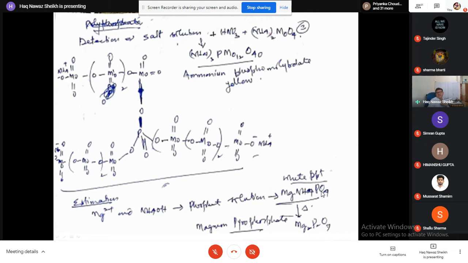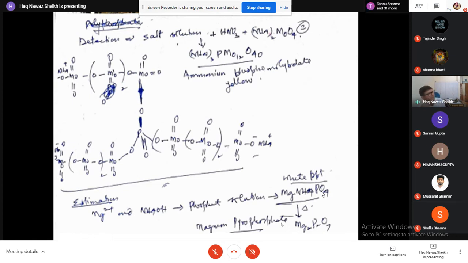Say the molecular weight of this compound is 400, and phosphate has a molecular weight of 50. So we write: 400 grams of magnesium pyrophosphate contains 50 grams of phosphate. 1 gram contains this much. Then you weigh it in the balance. Say you get 0.5 grams of the magnesium pyrophosphate. Multiply that by 50 by 400, and you get the value of the phosphate.